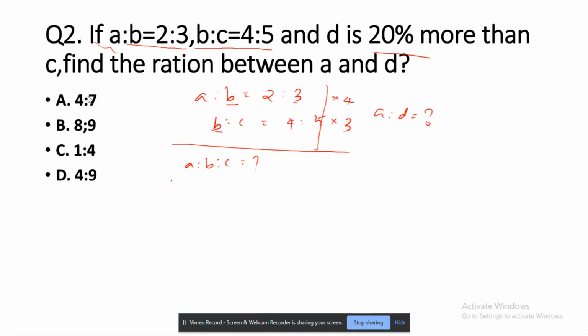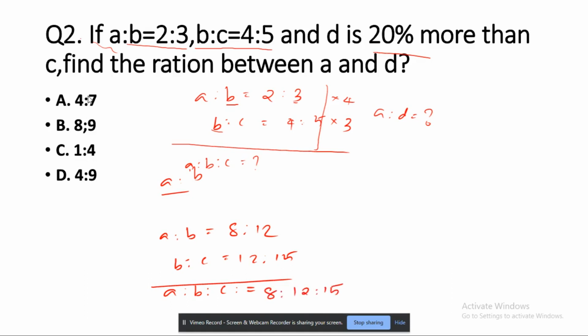So then we get A is to B is equal to 8 is to 12 and B is to C is equal to 12 is to 15. So we can write A is to B is to C is equal to 8 is to 12 is to 15.